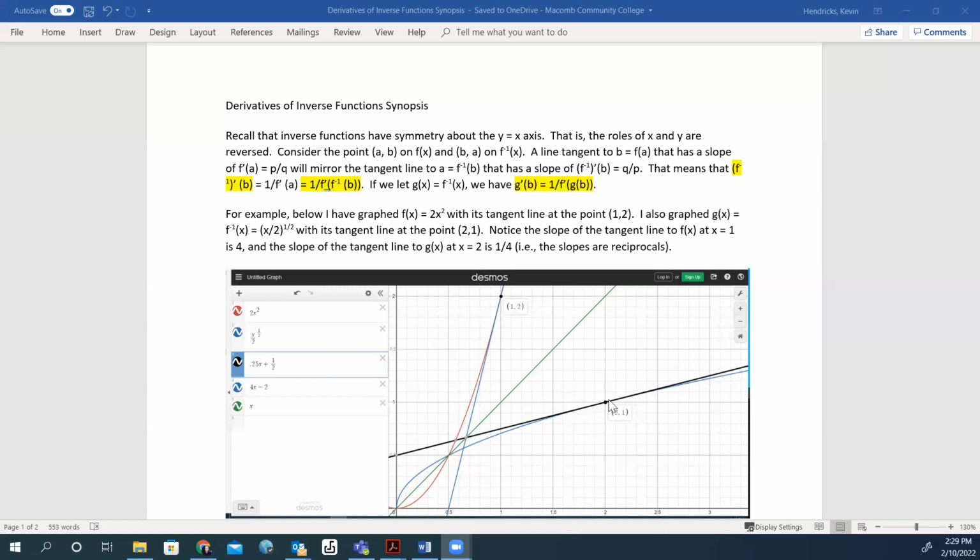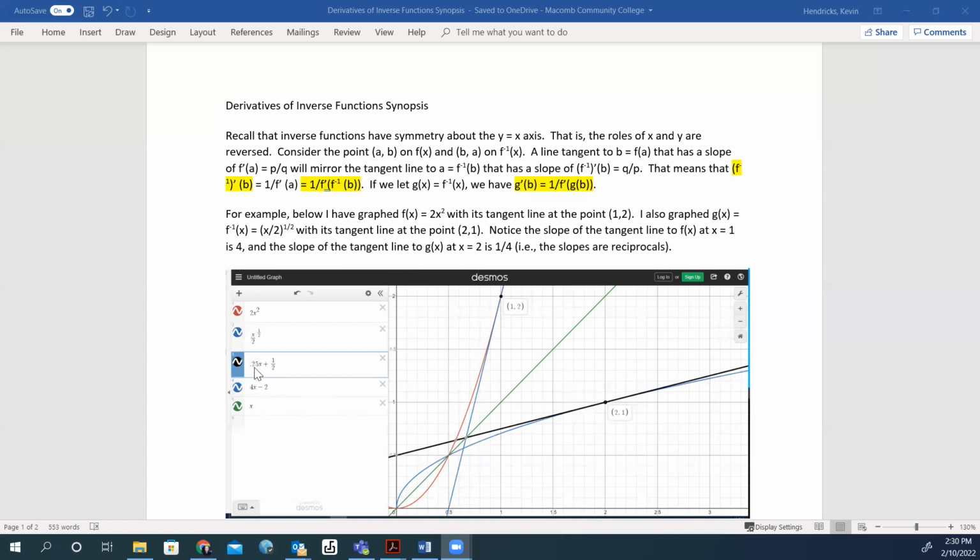The slope of this tangent line, again, think about it this way: the x's and the y's are reversed. So if the slope of the tangent line to f of x is 4 over 1, then the slope of this tangent line to f inverse of x at 2, 1 will be the reciprocal, Q over P. Well, if P over Q was 4 over 1, then Q over P will be 1/4.